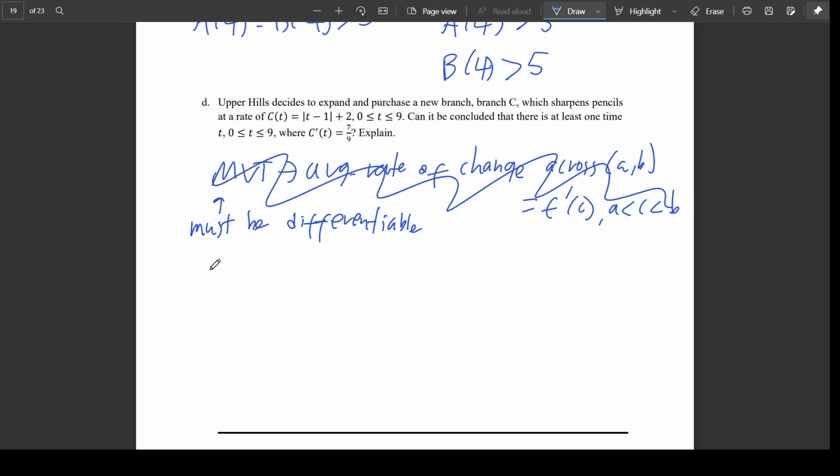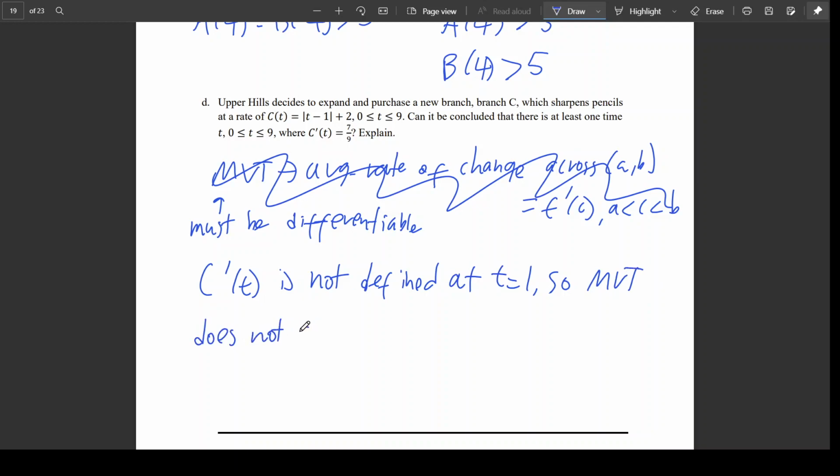So c prime of t is not defined at t equals 1, so the mean value theorem does not apply, and no such conclusions can be made. Okay, so they're saying, can it be concluded that there's at least one time t where the derivative is equal to this value? We're saying no, because no such conclusion can be made.